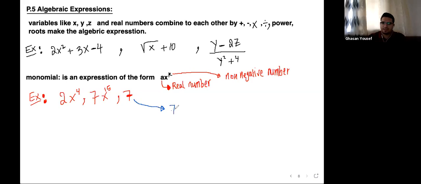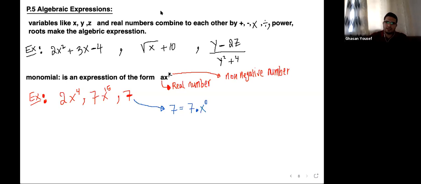The 7 here is equal to 7 times x to the power 0. Why x to the power 0? Because it gives me 1. So I can write it in this form, a x to the power k, such that k here is 0 and a here is 7. So 7 is a monomial. This is correct.